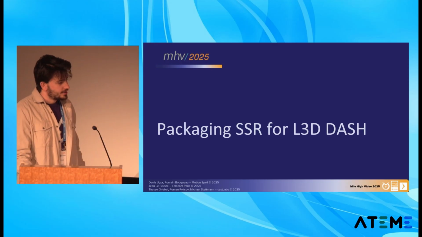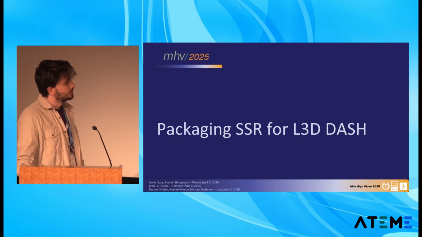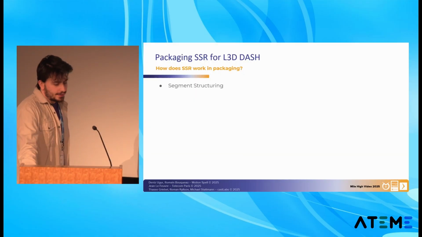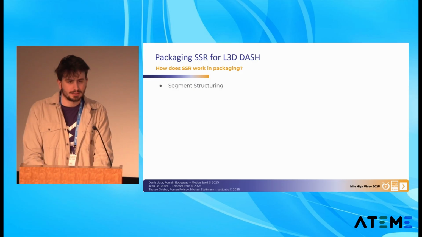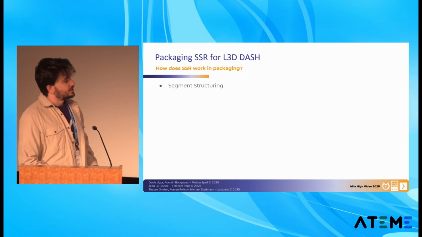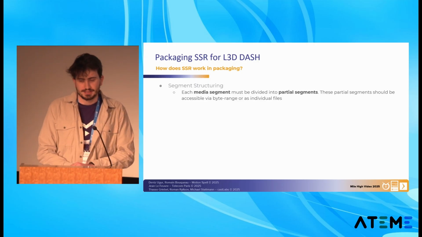So, packaging SSR for L3D Dash. L3D is low latency, low delay Dash. How does it work? There are two key changes to the Dash manifest. They are pretty simple, so adapting to it should be very straightforward. First of all, segment structuring. As I mentioned previously, each media segment must be divided into partial segments.